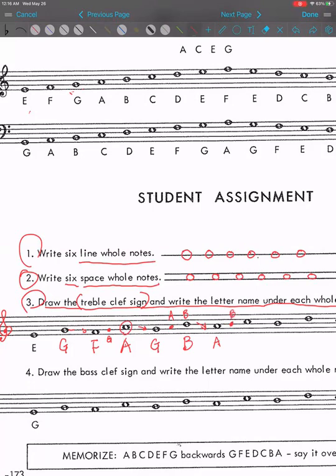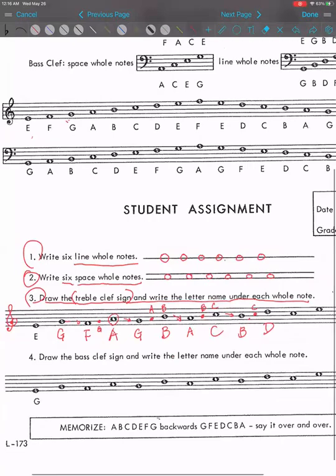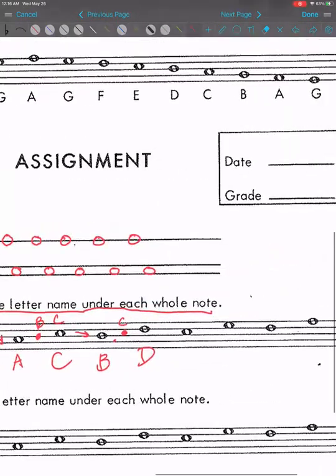A, B, C. And then we're coming back again from the third space to the third line. So this one is B. And then again, we're going up and we notice there's another space note here. So it's going to be C and then D. D is coming down to the letter before D, which is C. And then if you look at C to the next note, there's another note here.